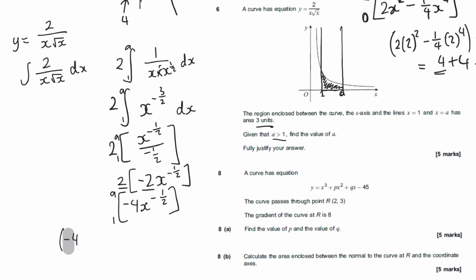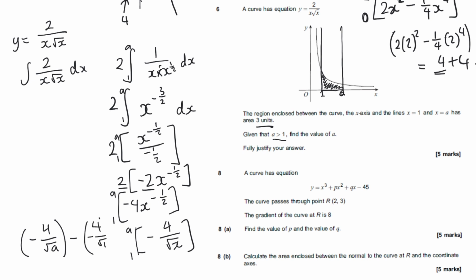First of all, before I even substitute anything in, I'm going to rewrite it so it's nicer to deal with. Okay, so that would be between a and 1, minus 4 over root x. That's another way of rewriting that. So then I would have minus 4 over root a, minus, and then substituting 1, minus 4 over root 1.